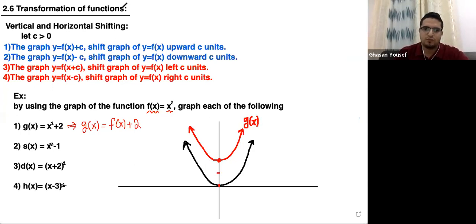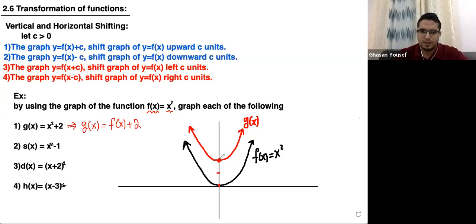When you graph the function, you have to give the name of the function. So this is g of x. For the black one, you have to write the function f of x equal x squared. Here you have to write g of x to show me you understand what you did.